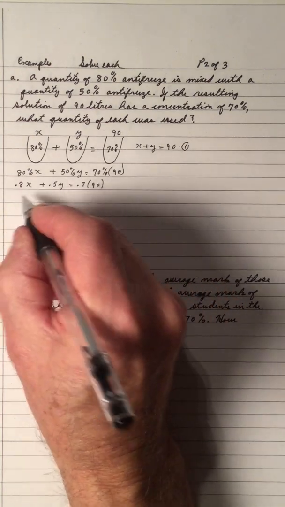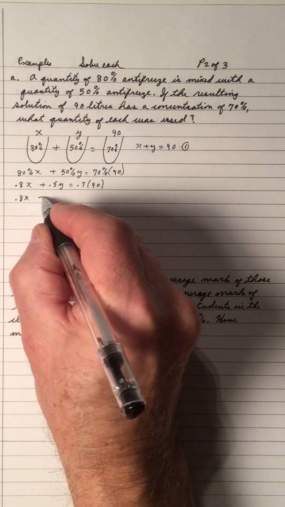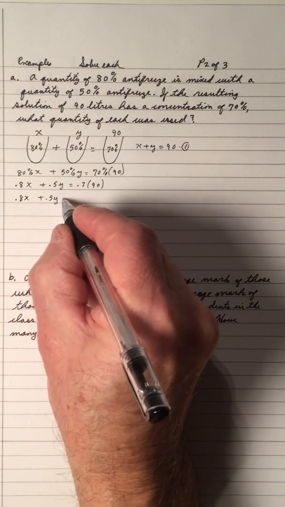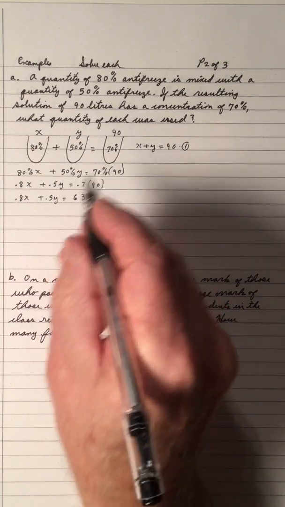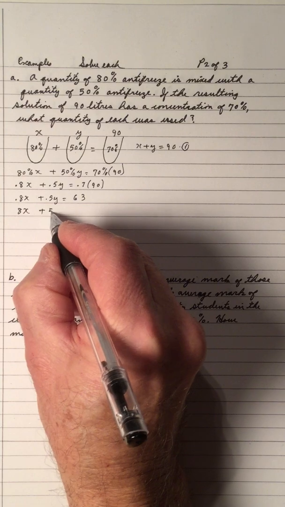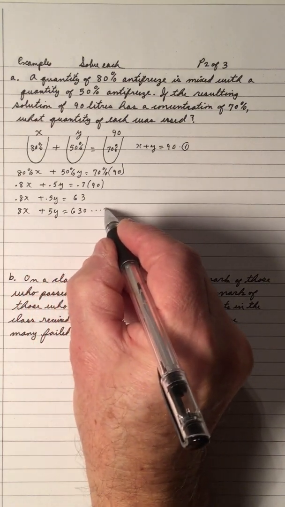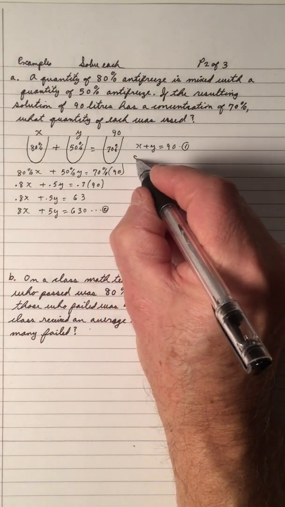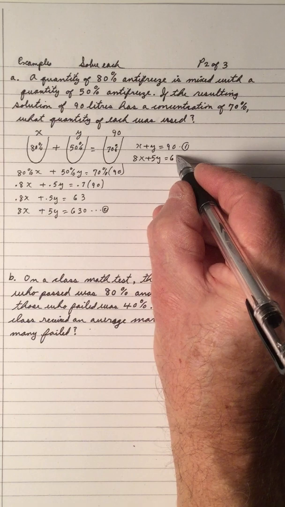Now we have to multiply this one, so I'm going to simplify the right side first before I do anything. So 0.7 times 90 is 63. Now I multiply by 10, so now I have this second equation, which is 8x plus 5y equals 630.